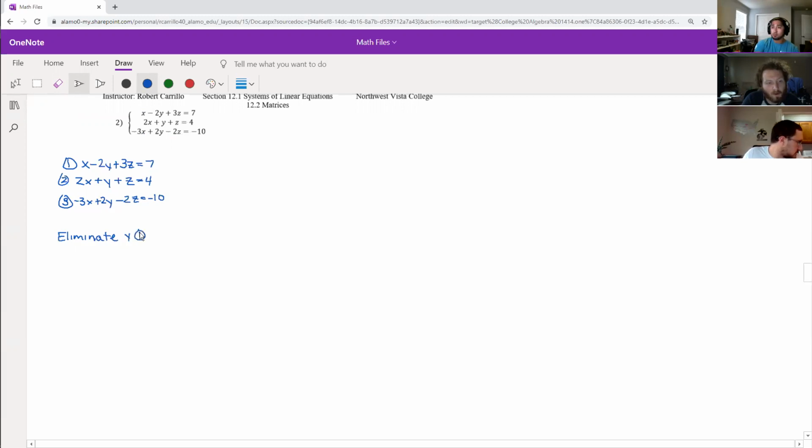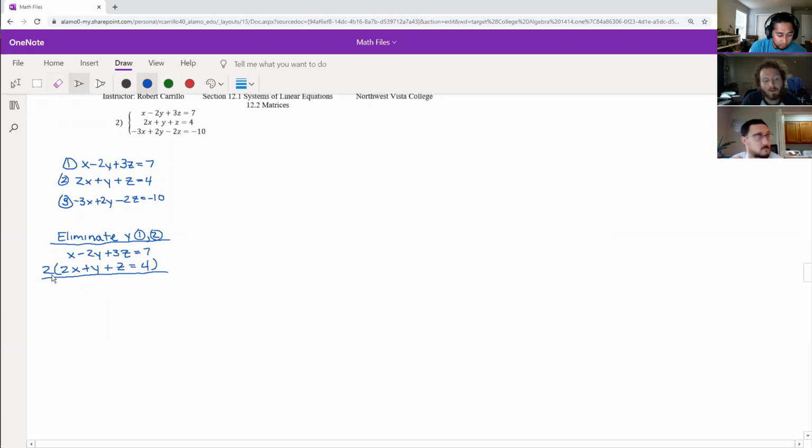So we get x minus 2y plus 3z equals 7, and 2x plus y plus z equals 4. Multiply this one by 2, since I'm getting rid of y.